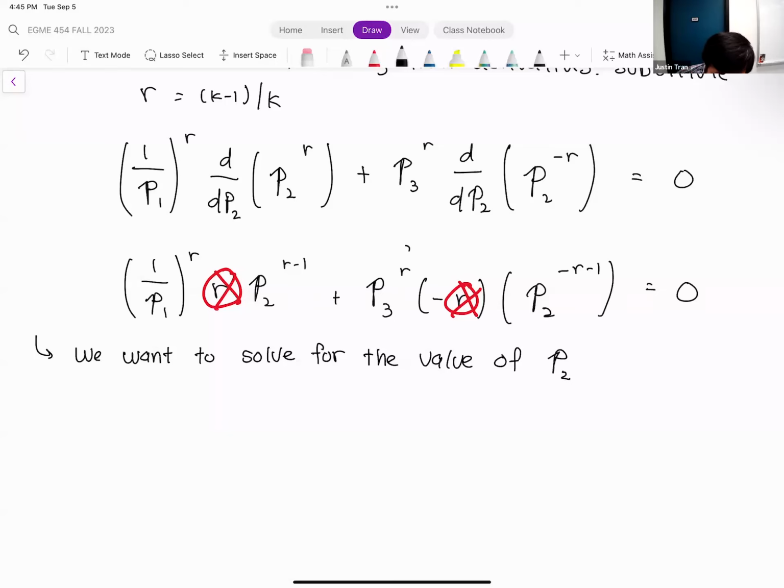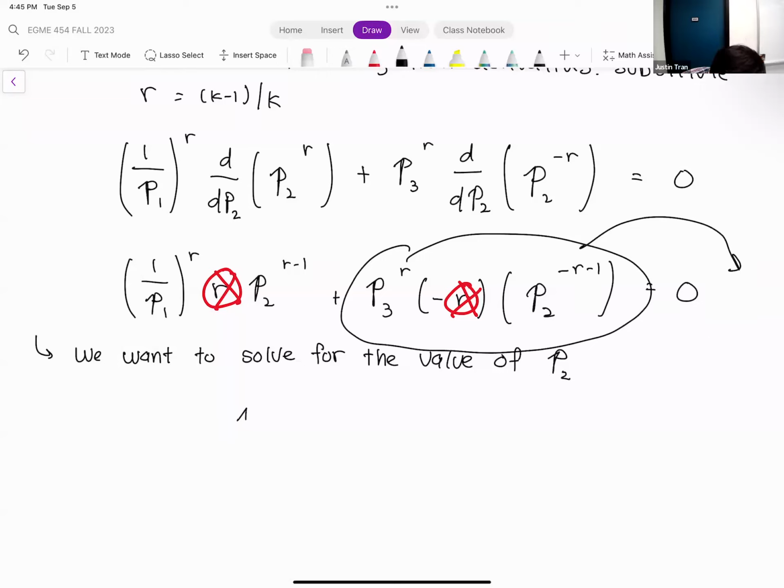Then I'm going to take this term here and move it to the other side of the equation. On the left-hand side, we're going to have P2 raised to R minus 1 divided by P1 raised to the R, is equal to P3 raised to the R divided by P2 raised to R plus 1. Okay.